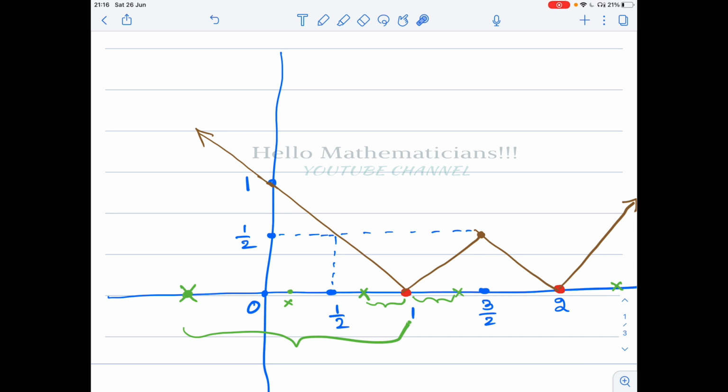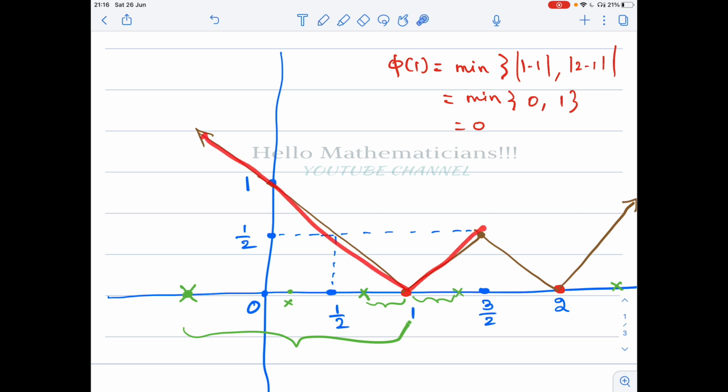Let's see why. What is phi of 1? Phi of 1 equals the minimum of the distance between 1 and 1, and between 2 and 1. The distance between 1 and 1 is 0, the distance between 2 and 1 is 1, so the minimum is 0. So this is the graph of the function phi, and phi of 1 is 0.